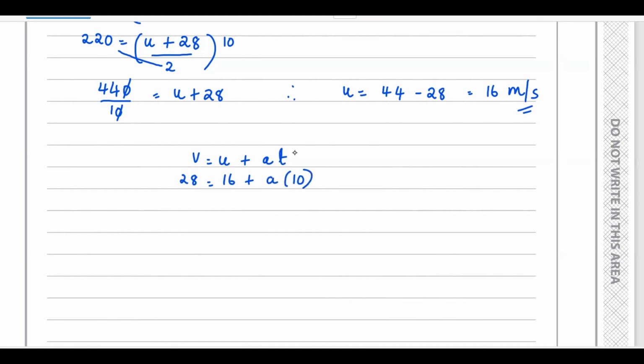Time is given as 10. So 16 goes to the other side. 28 minus 16 is 12. So 12 equals 10A. Therefore, acceleration will be 12 divided by 10, which is 1.2 meters per second squared. This is the unit for acceleration.